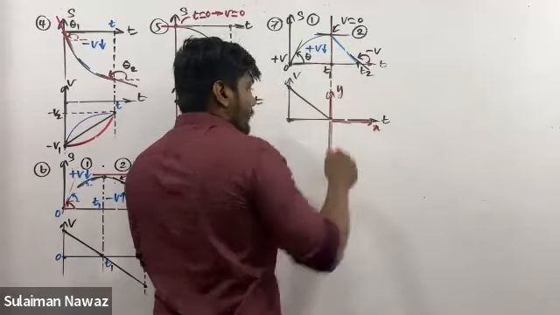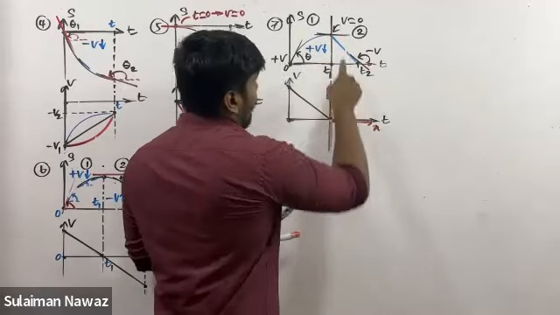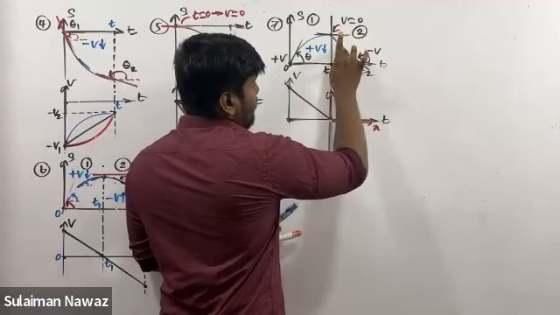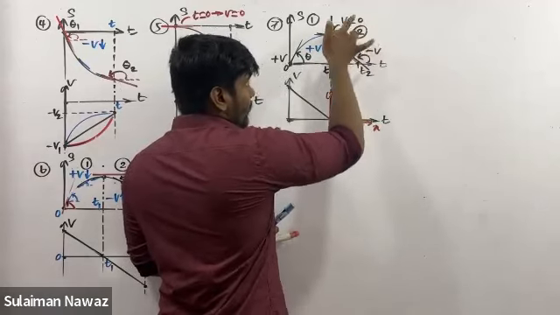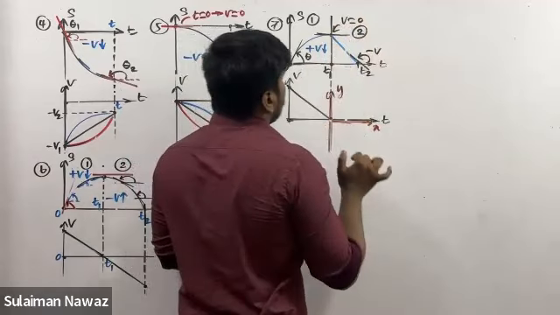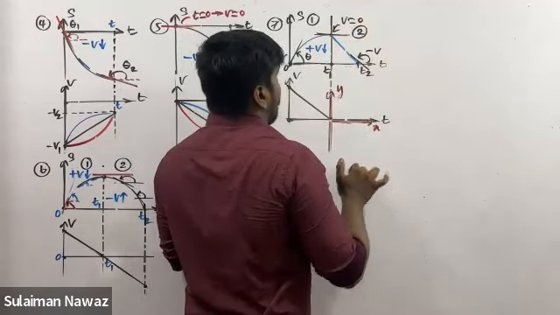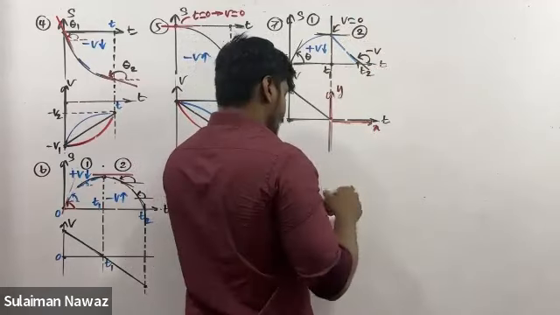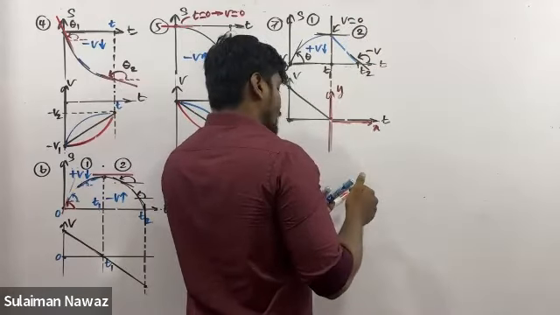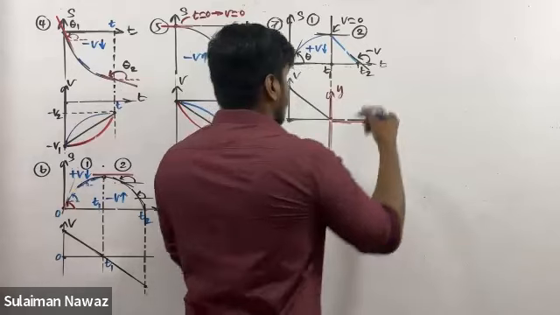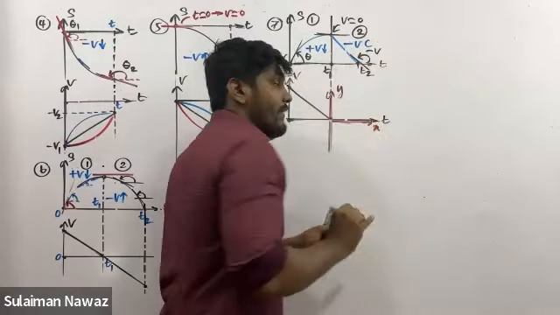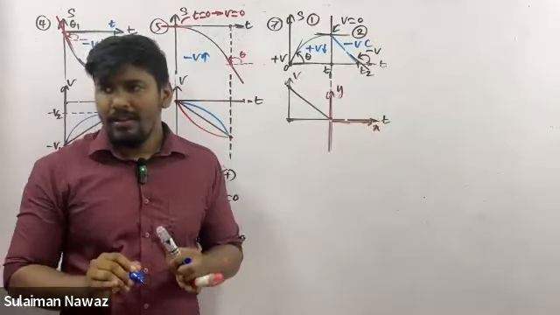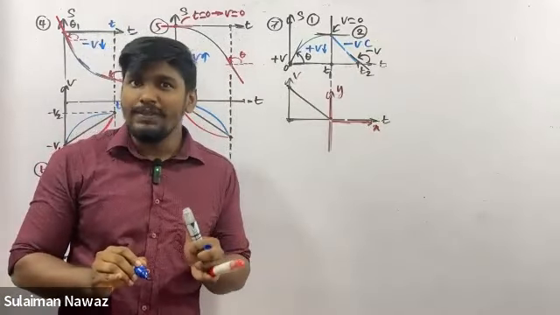Again, start drawing this graph. What's happening in this graph? Obtuse angle constant. Obtuse angle constant means negative velocity constant. How do you draw negative velocity constant?